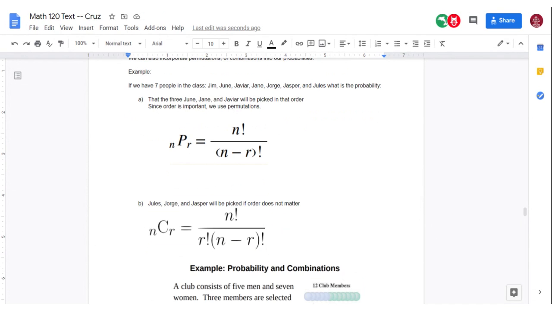So slightly different. The C on the left is basically just to show you that we're talking about combination. So the formula is slightly different in that in the denominator, you get an extra R factorial down there. So really what happens is, in the big picture of things, you take the number of permutations and then you divide it by whatever R factorial is. In this case, R factorial is 3 factorial, which is going to be 6. Well, let's go ahead and just calculate it out.